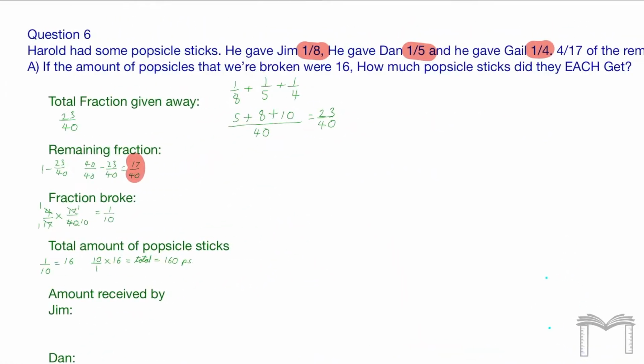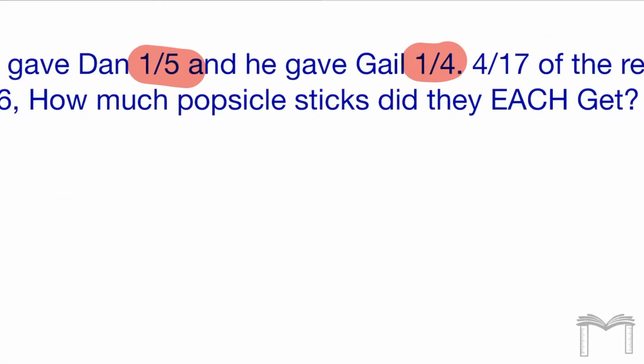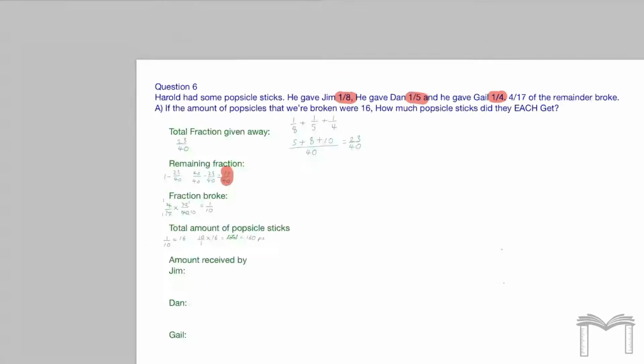So now that we know the total, which is important, we can now determine how many popsicle sticks they each got. So Jim got 1/8, Dan got 1/5, and Gail got 1/4.